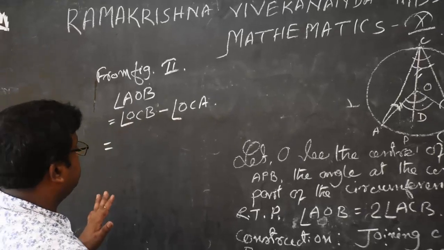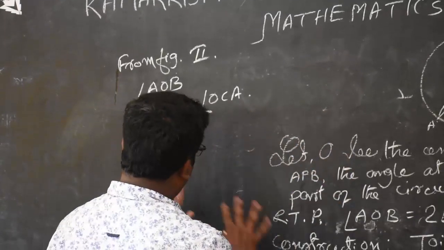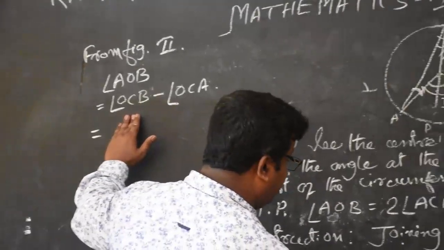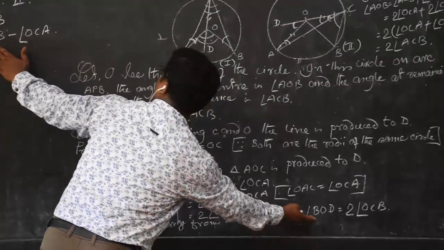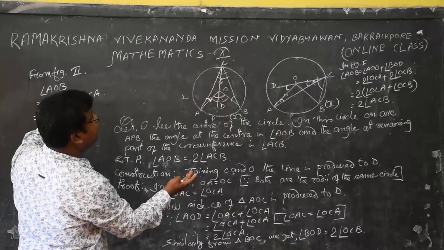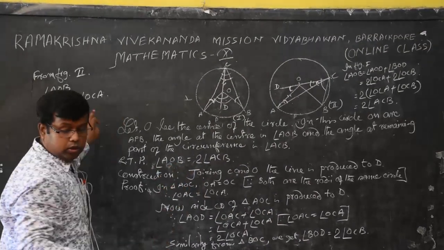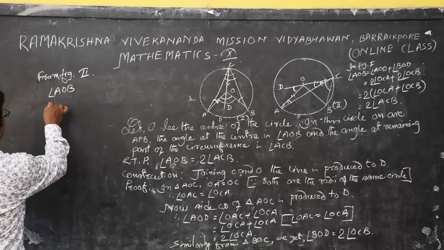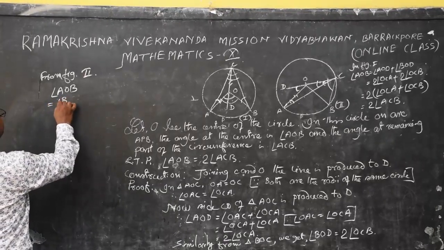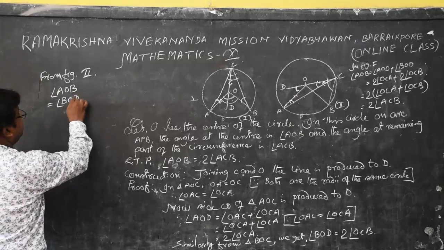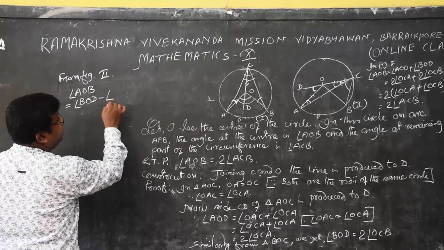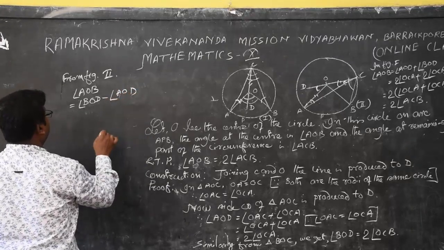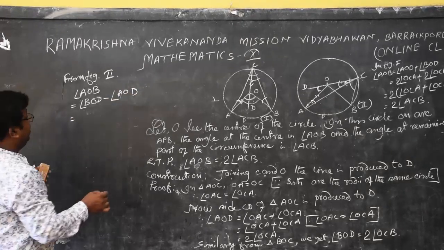Don't be confused by figure number 2, it is very easy. It will be angle AOB equals angle BOD minus angle AOD.